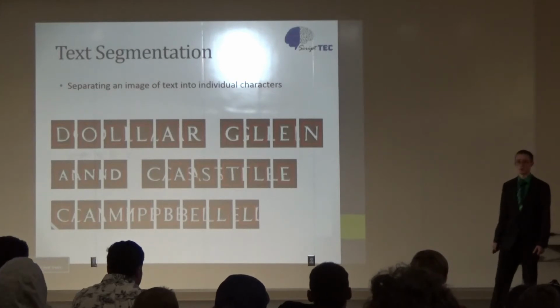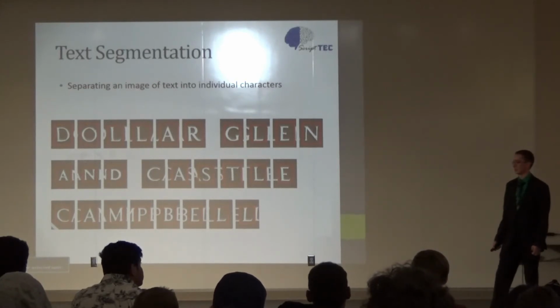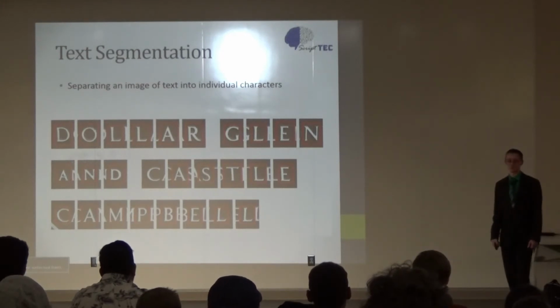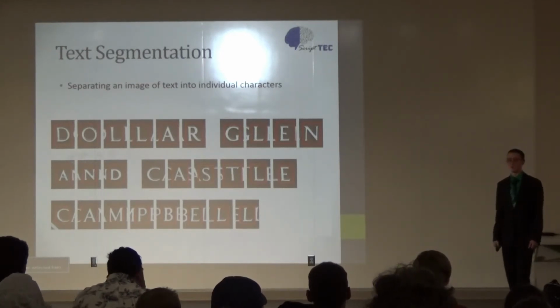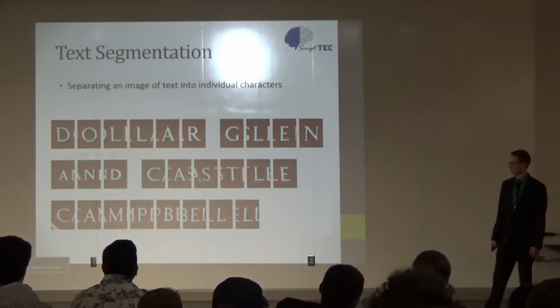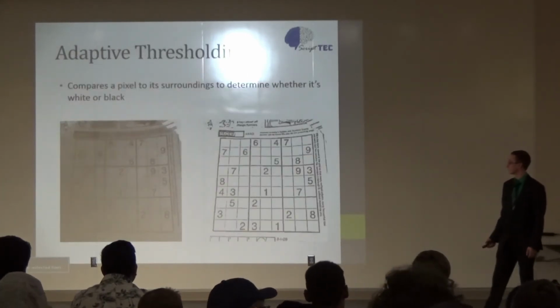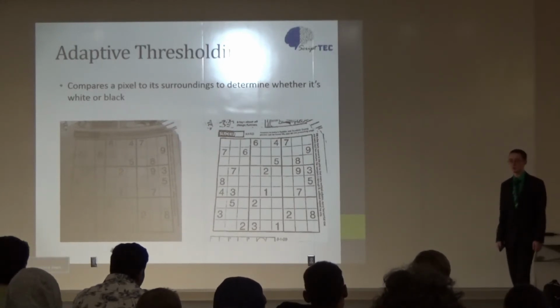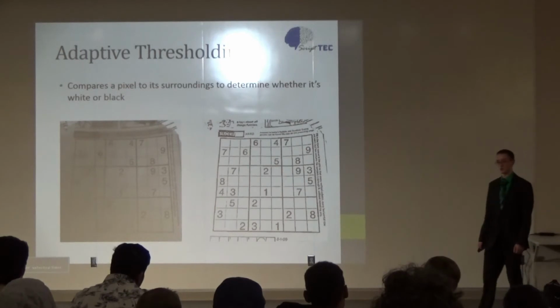I ran into some problems because with adaptive thresholding, I found that the image size was actually a problem I had to account for. Because with adaptive thresholding, each pixel looks at a region around it, the size of the image actually matters.